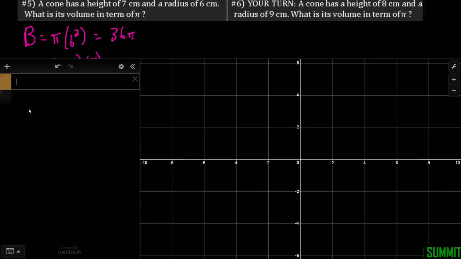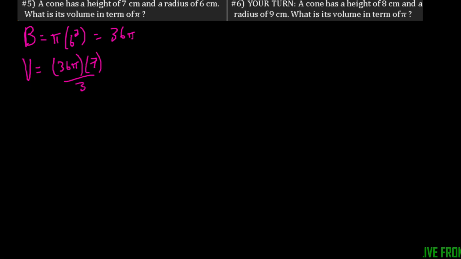I do 36 times 7, and then I can divide all that by 3. And so this is going to be 84, and now I can say 84 times pi. So my volume is going to be equal to 84 times pi, and centimeters cubed, because we're talking about volume.